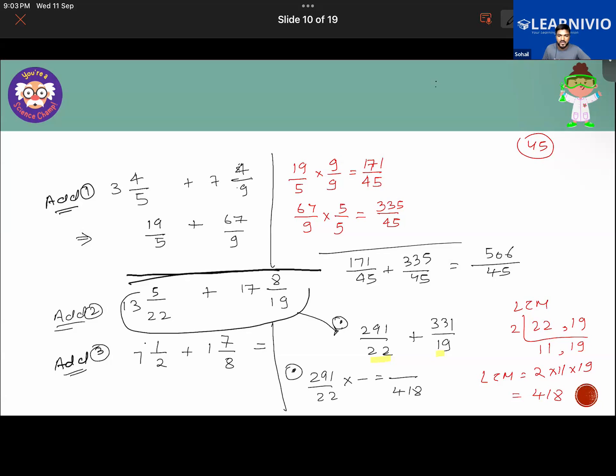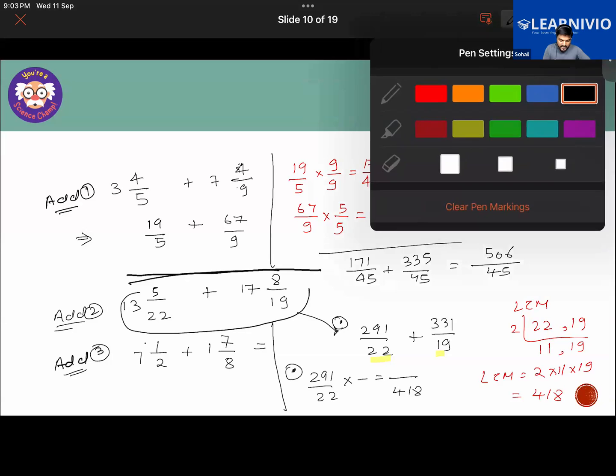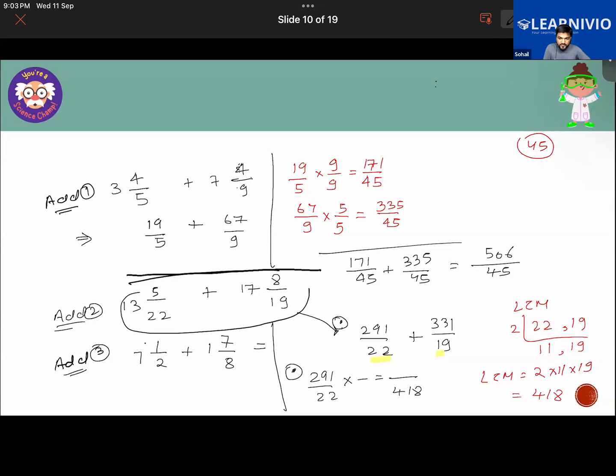Now there's a very simple method to find out this thing: with what number should 22 be multiplied to get 418? It is like asking which number 5 should be multiplied with to get 15. Here I can divide 15 by 5, so I get 3. So 5 should be multiplied with 3 to get 15.